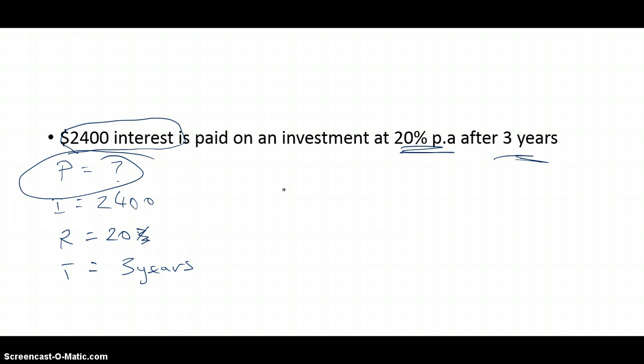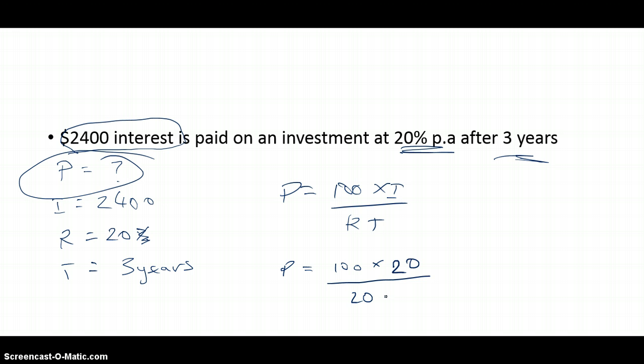So we can use the formula P is equal to 100 times I divided by R times T. So P is equal to 100 times 2,400 over, what's the value of R? The value of R is 20, times 3. I do apologize, the first number is not supposed to be 20, it's supposed to be 2,400.